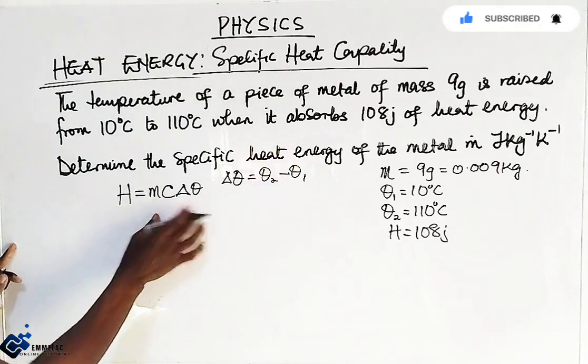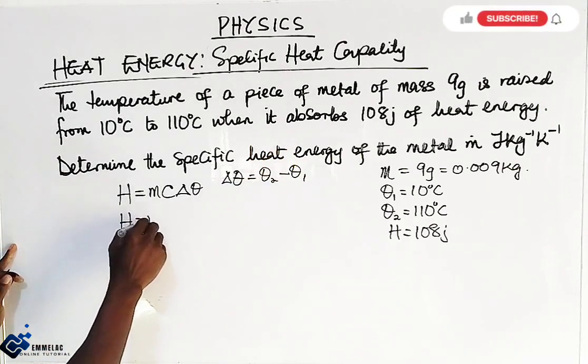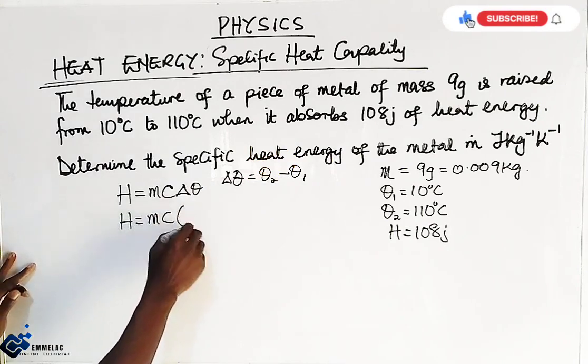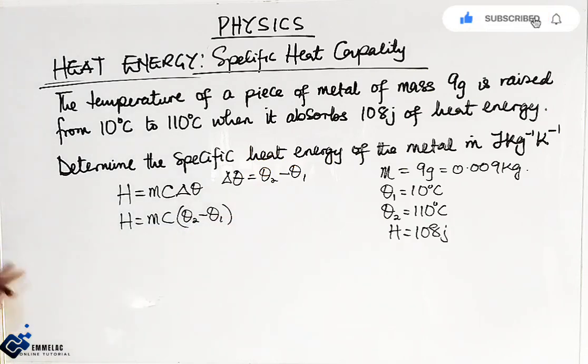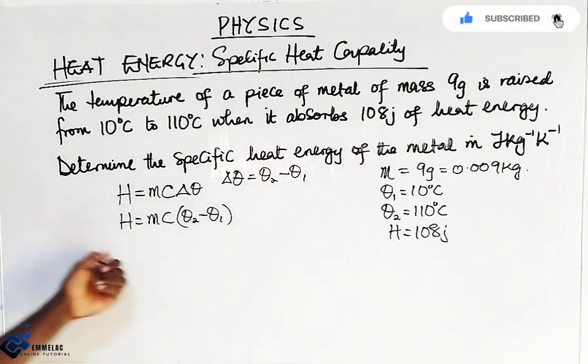Writing the equation, we have H equals MC, then in parentheses theta 2 minus theta 1.